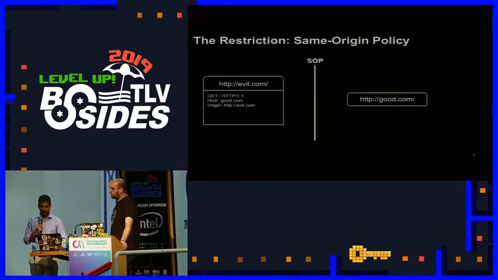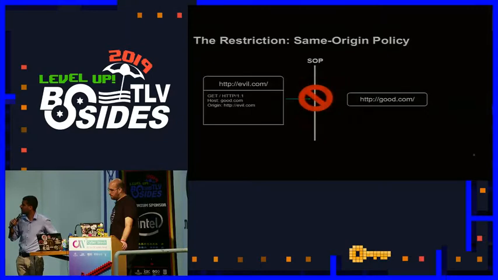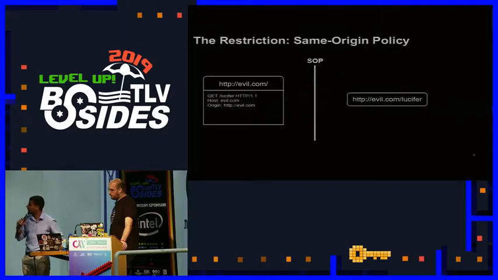For example, if your domain appears in the cross header, you will not be blocked. In this example, a domain that does not appear in the cross header will be blocked. And if you have the same domain, you will be approved, and you will get the response on the same origin.